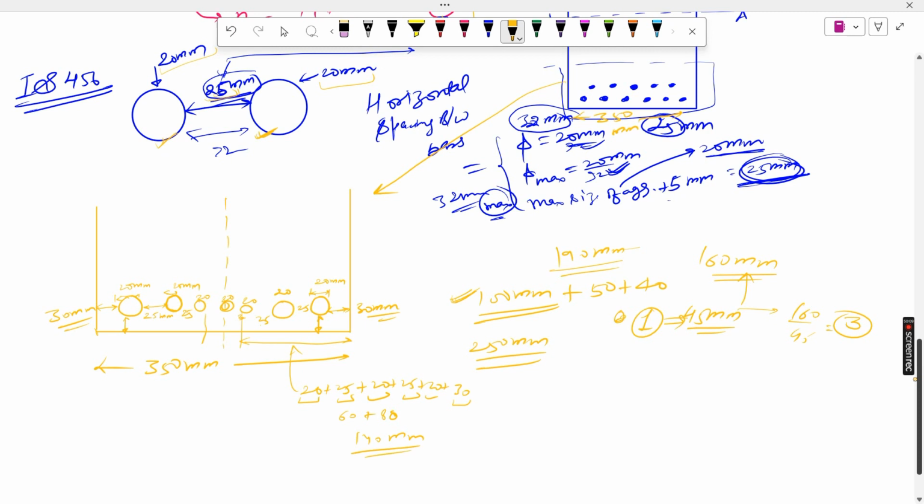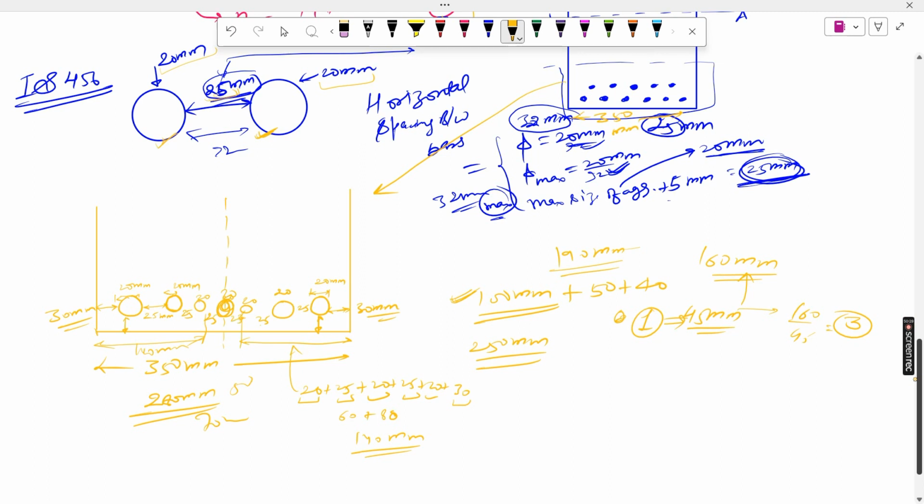140 mm from the right side and 140 mm from the left side, that is 280 mm. Okay, total is 280. How much is left? 70 mm. In 70 mm, 20 mm it will occupy. The remaining 50 mm will be 25 here and 25 here.